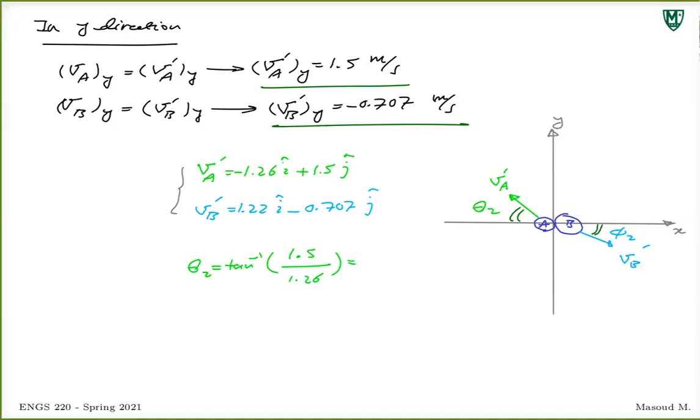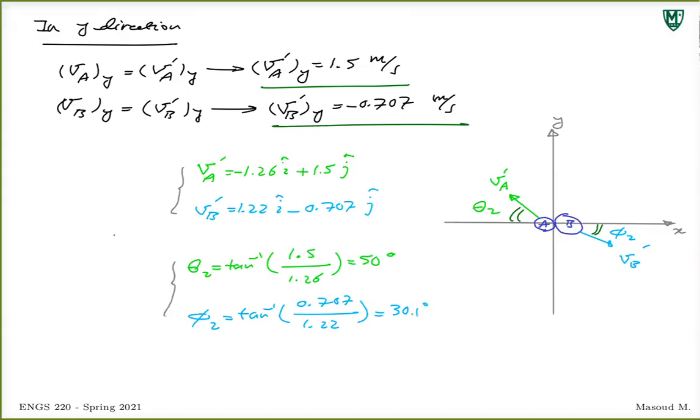Opposite over adjacent gives you, I'm surprised that I have these numbers, approximately 50 degrees. Let me double check these numbers. Phi 2 is tan inverse 0.707 divided by 1.22. Since I'm just finding the angle with respect to the negative direction, I'm ignoring the minus there. That'll give you about 30 degrees, or 30.1 degrees.